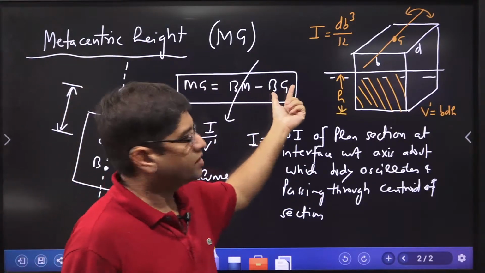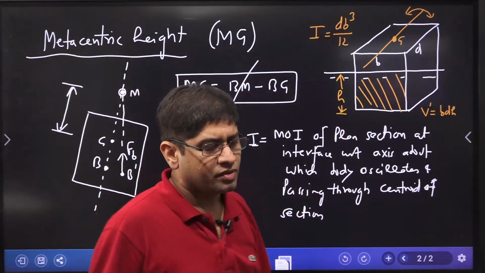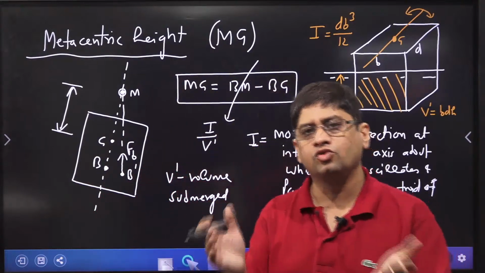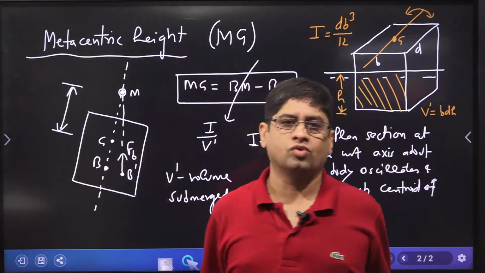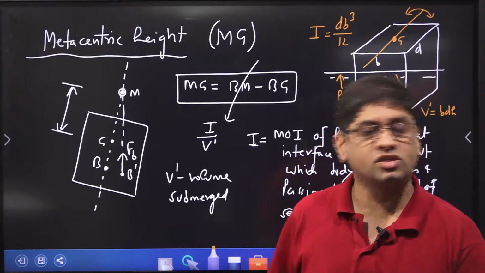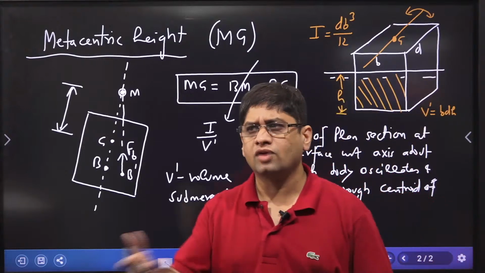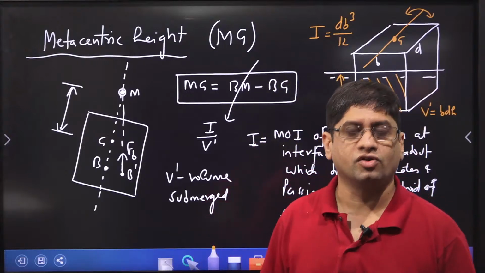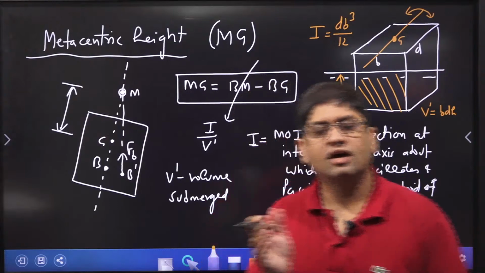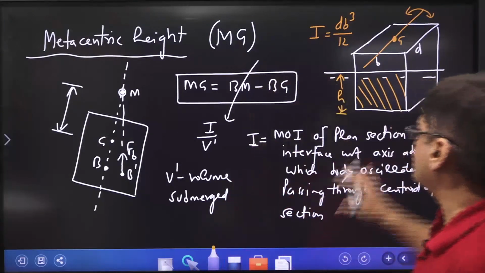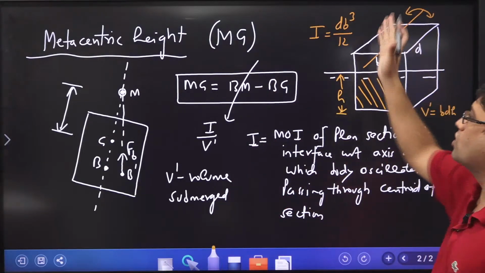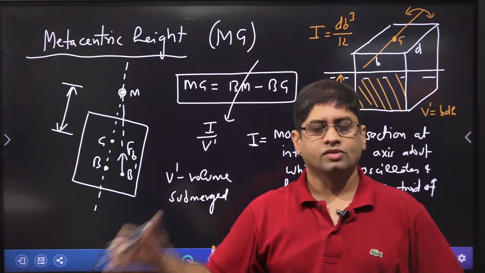And how to find the distance BG, that you know. If the shape is given to you, B and G can be calculated very easily. That won't be a trouble for you. Now what differences can he put in the question? He will not give a rectangular shape, he will give you a triangular shape.